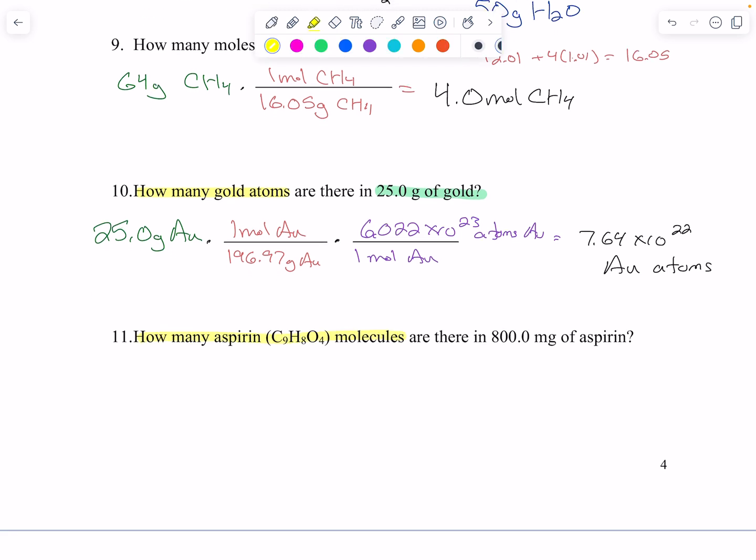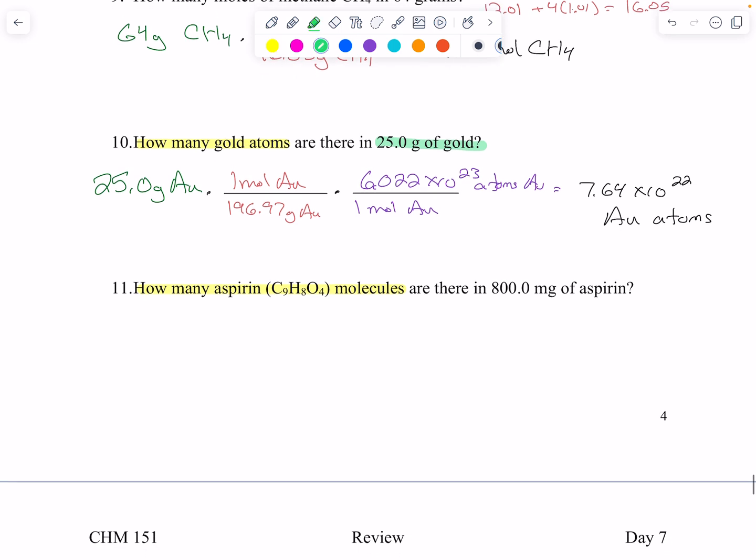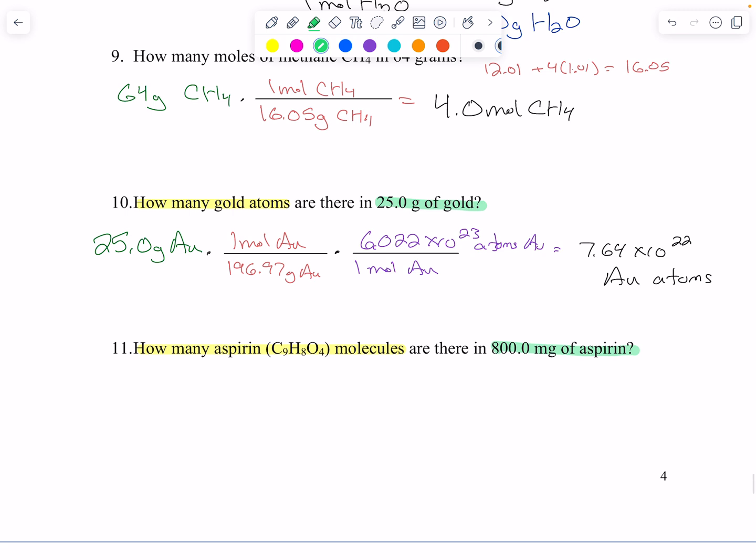How many aspirin molecules are there in 800 milligrams of aspirin? All right, and so if we have 800 milligrams, C9H8O4. Now, some of you can just do that in your head if you wanted to, or you could write 800.0 times 10 to negative 3 grams, and that would work as well.